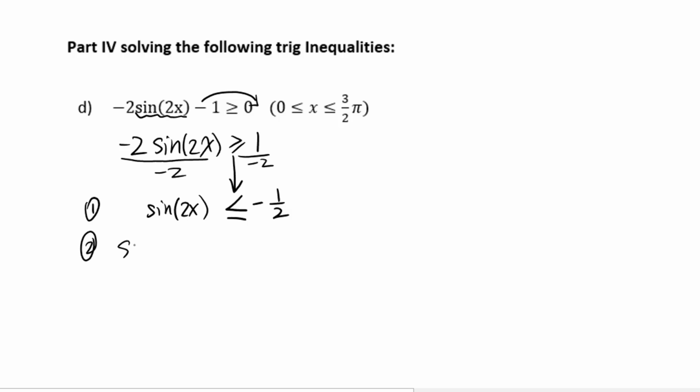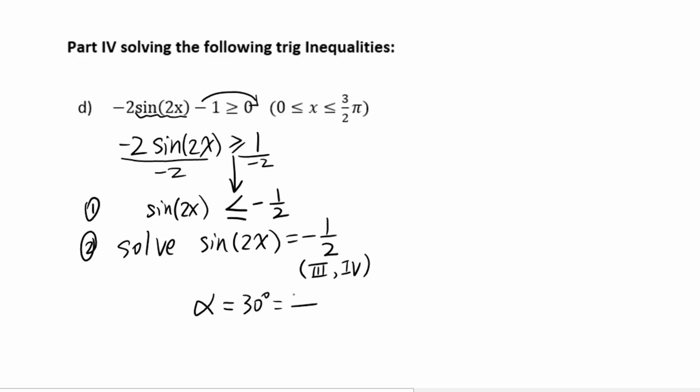Second step, we need to solve this trig equation: sine 2x equals negative 1 over 2. Since negative 1 over 2 is negative, sine negative will be in the third and fourth quadrants. The reference angle is 30 degrees, that is pi over 6. Let's draw the diagram.